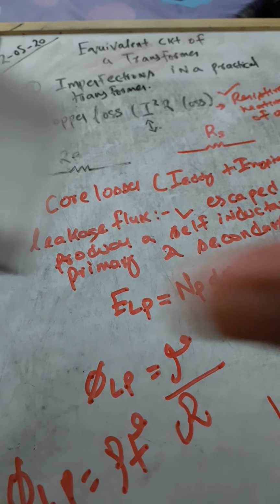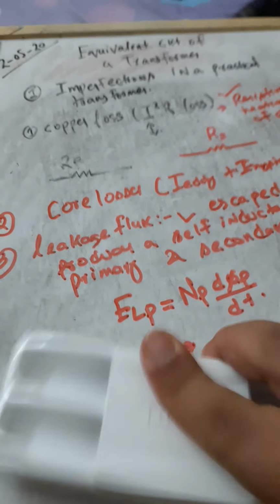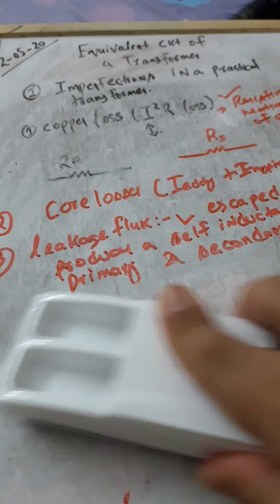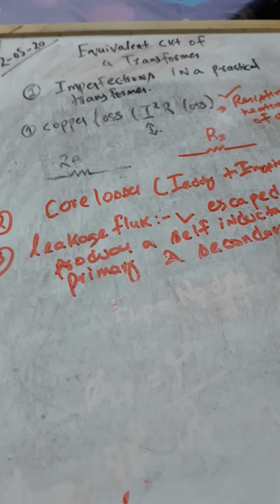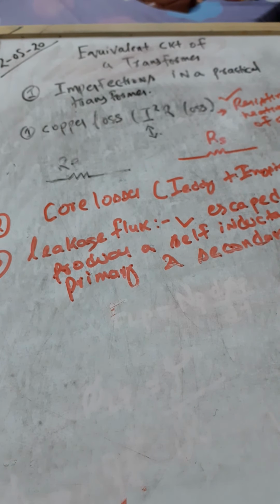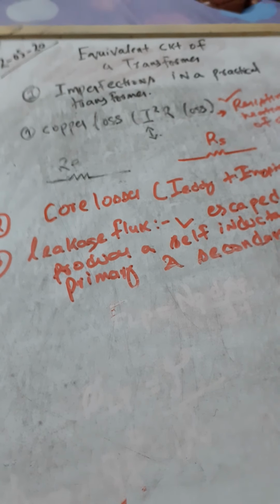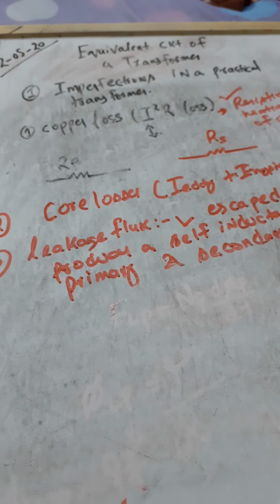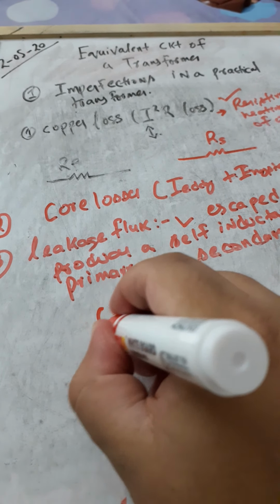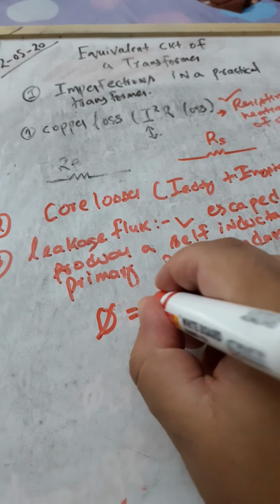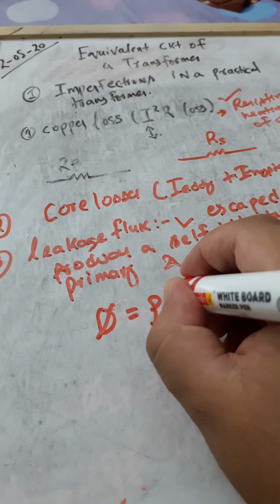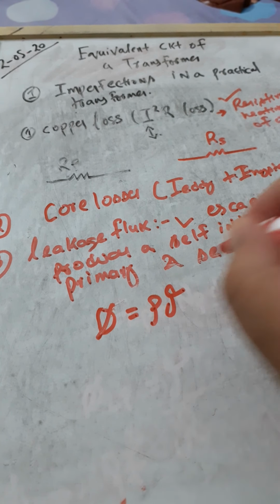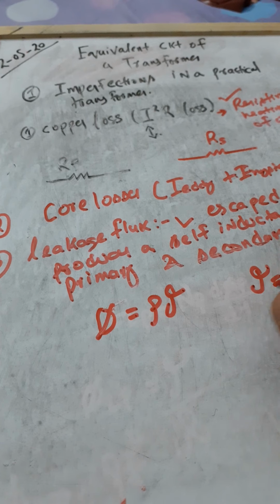So from these equations we can clearly see, I came to one particular conclusion: my flux was given by permeance into your MMF, and MMF is nothing but ampere turns, NP into IP.